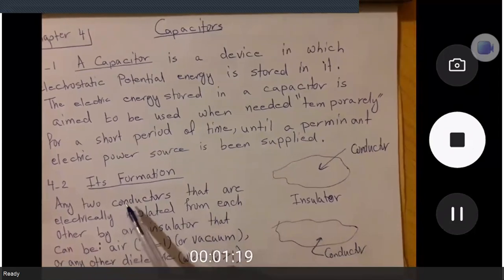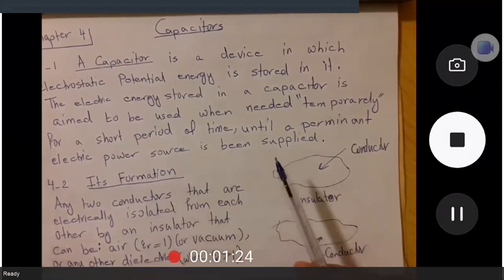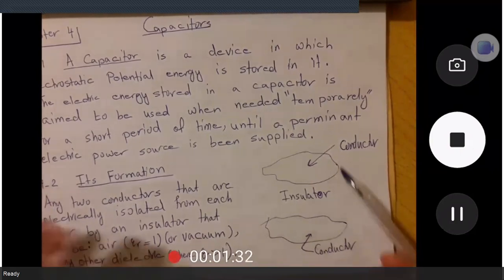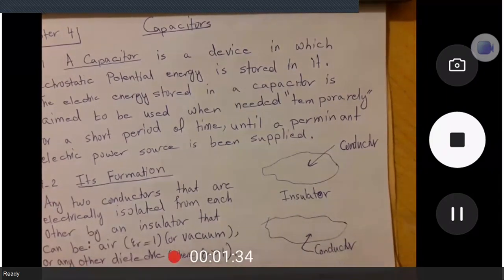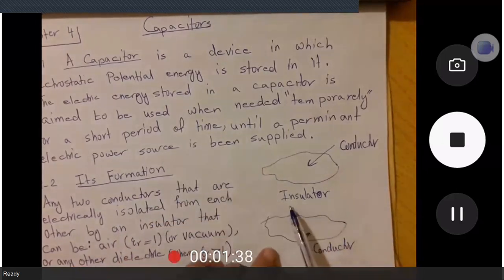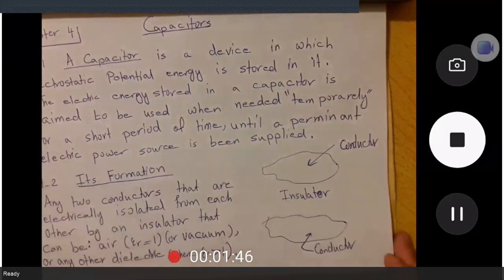In its formation, the capacitor is very simple. You can notice that any conductor of any shape and another conductor of any shape or the same shape, if they are separated or isolated from each other by an insulating material, these three elements, two conductors and the insulator between them, form the capacitor.